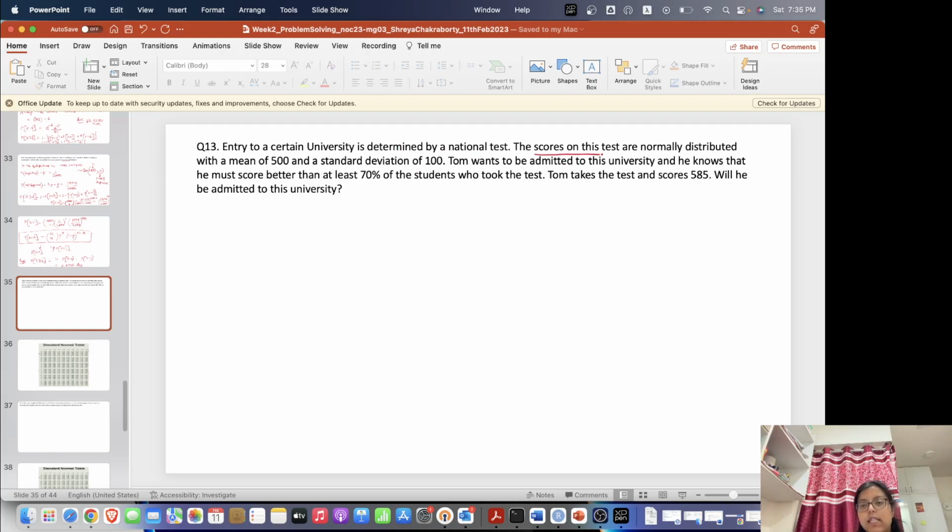Scores on this test are normally distributed, where this is the mean and this is the standard deviation. Now Tom wants to be admitted and he knows that he must score better than at least 70% of the students who took the test. So he takes the test, scores 585. Will he be admitted to the university? This is the question.